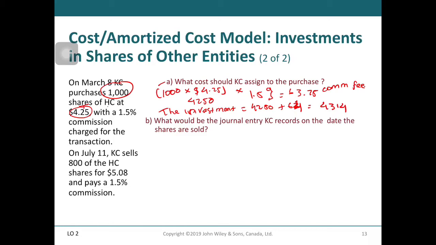Next, what would be the journal entry KC records on the date the shares are sold? The date these shares are sold is July 1st. But this company only sells 800 instead of 1,000.